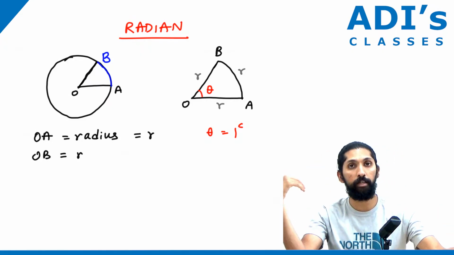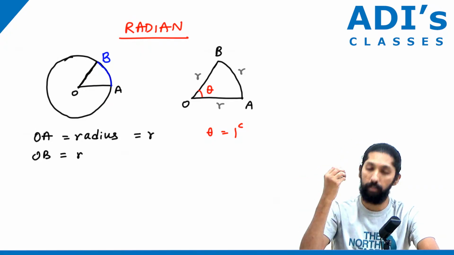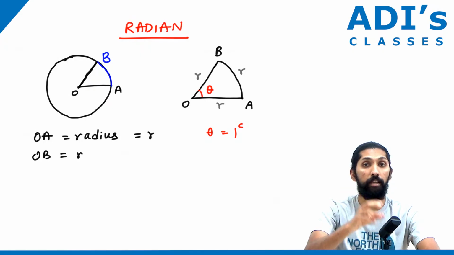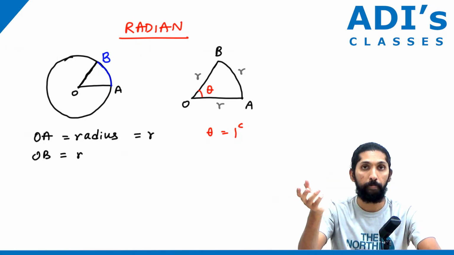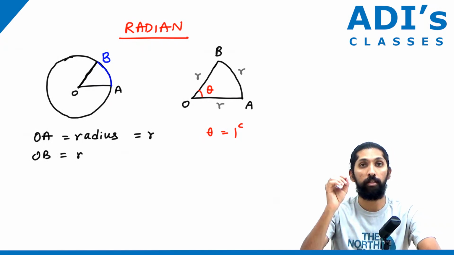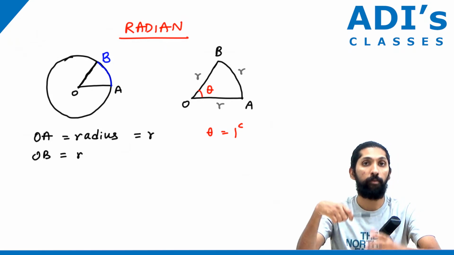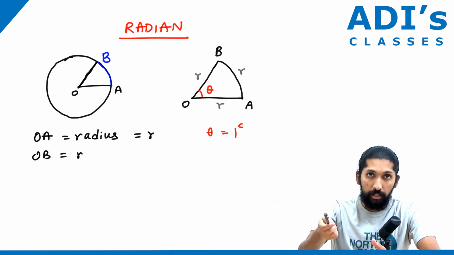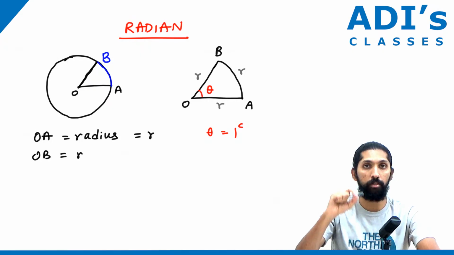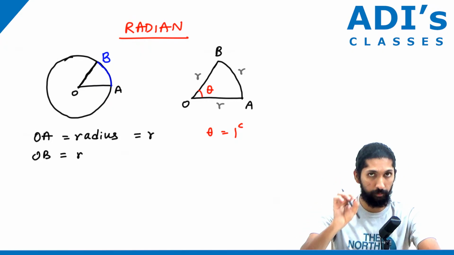If you take a 1 kilometer radius, the arc length will also be 1 kilometer. It doesn't matter whatever it is. The radian is always the same. Correct? This is why radian is what we call the standard measurement of an angle. Or in physics terms, the SI unit is going to be the radian measure, not degree. Clear? So this is the definition of a radian.